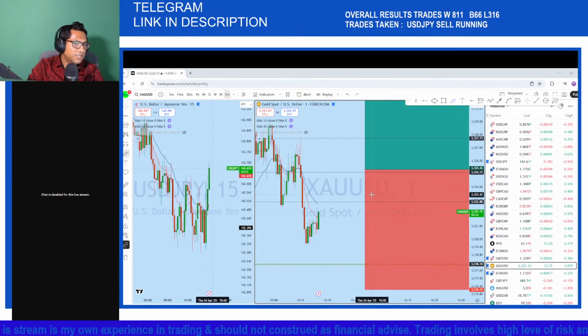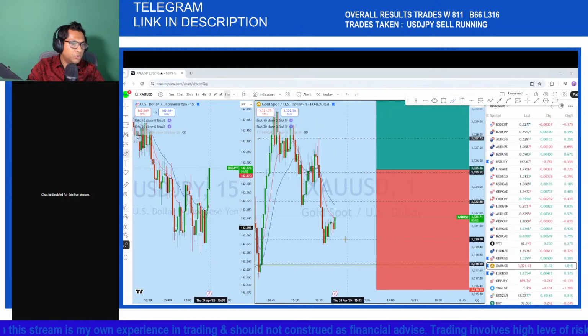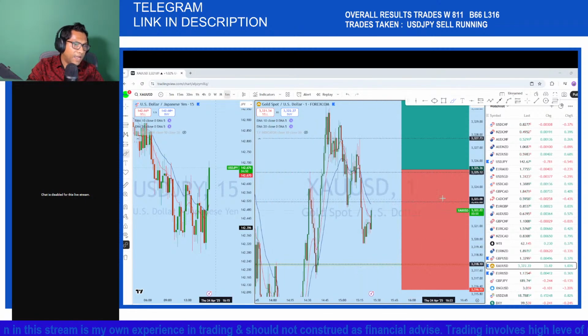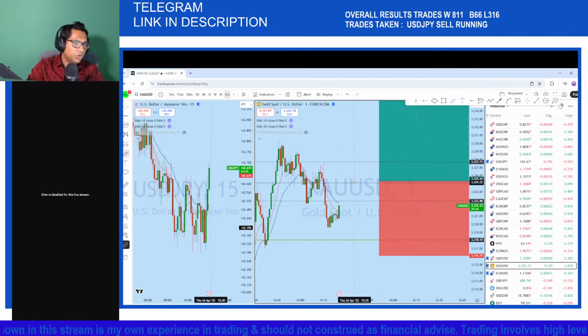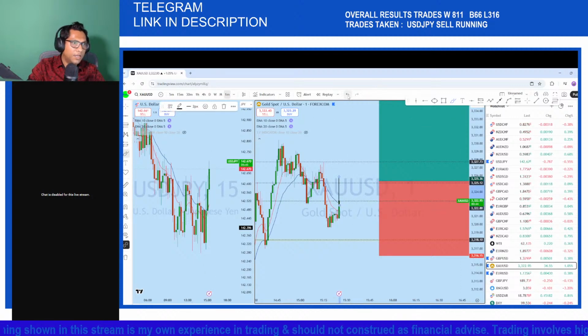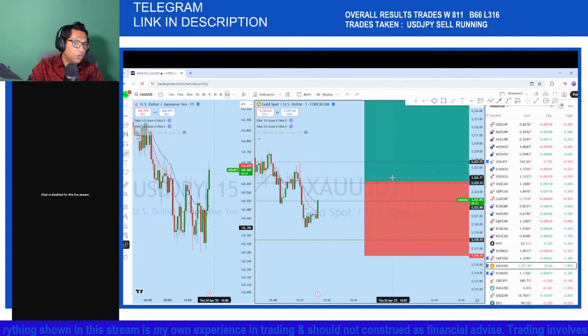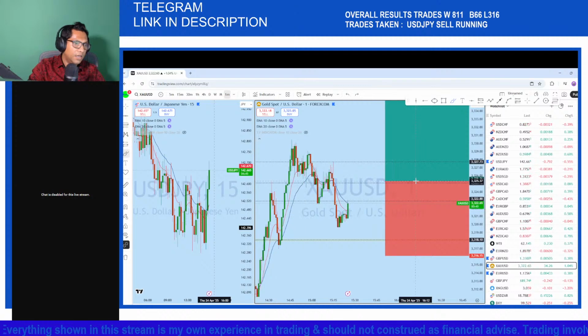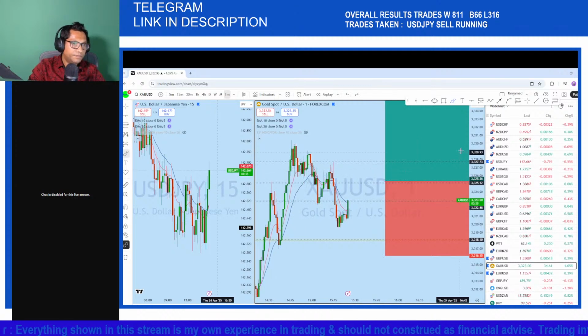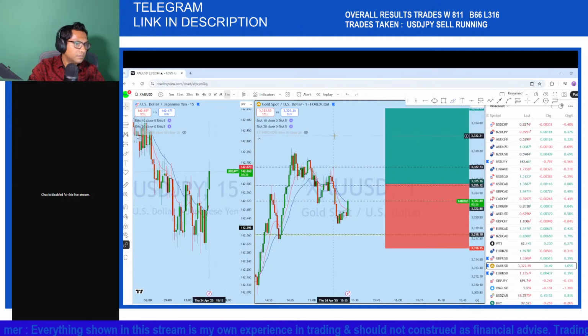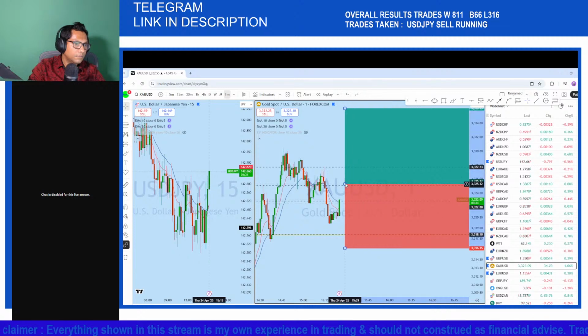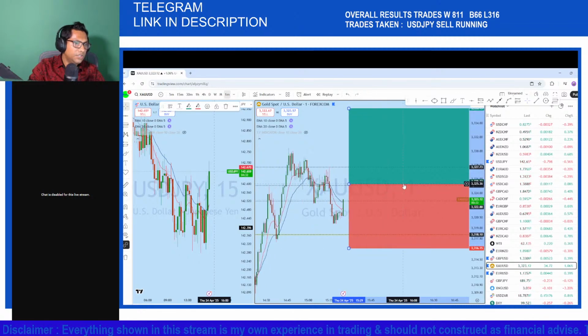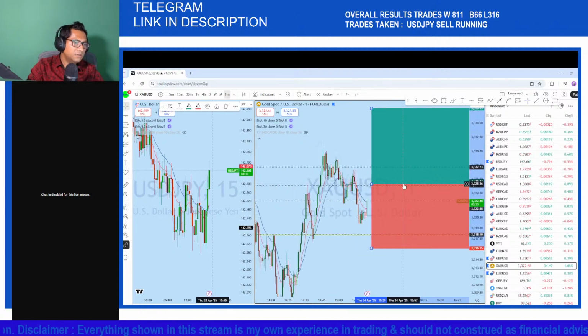Okay, so you can see that it's trying to push back up. As soon as it reaches our entry, we will be going out at entry. So you see that bounce.